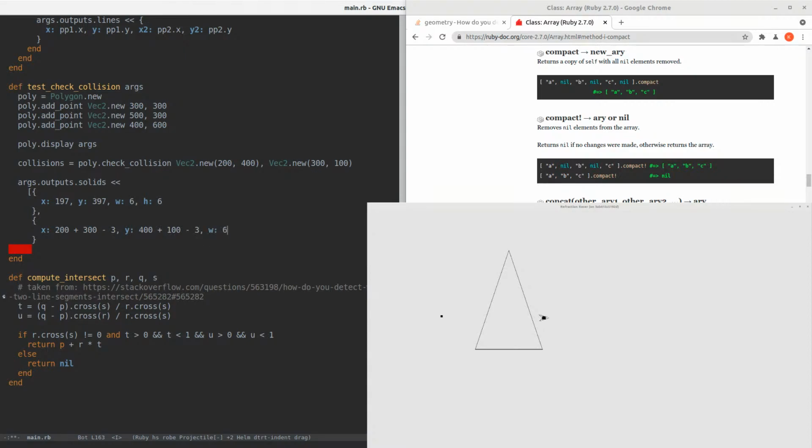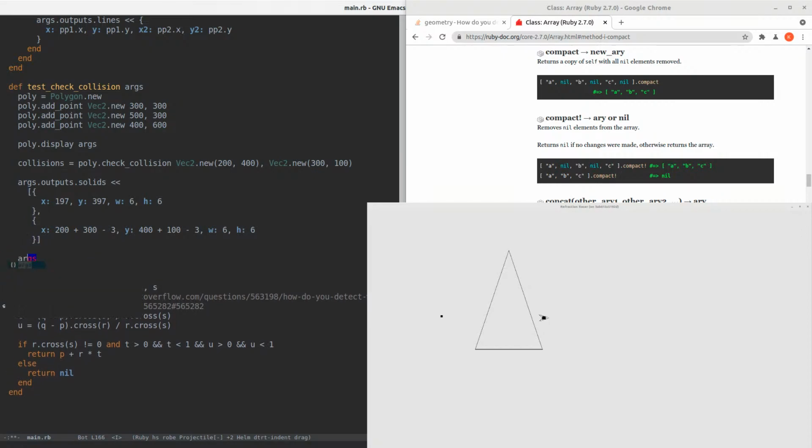Width of 6, height of 6. And then we will close that off. Outputs dot lines. And then we will just create a line there as well. 200, y is 400. And honestly, I should have just set these as a variable, but that's okay. We won't be doing too much with it. X2, 200 plus 300. Y2 is 400 plus 100. And now we have our line.